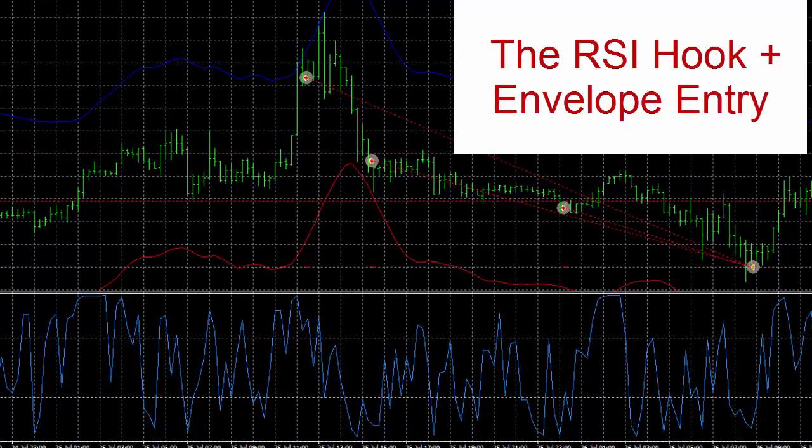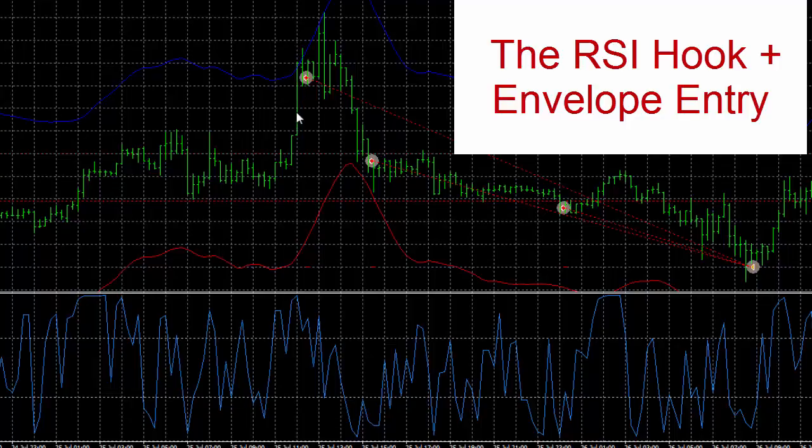So I'm going to be explaining the techniques in random order. On your screen, you will see the RSI hook and envelope system, and you'll see a transaction that has resulted from this particular system, and I'll explain it in a little bit of detail. This system requires the RSI to make a strong hook, as well as the price to go outside of the envelope.